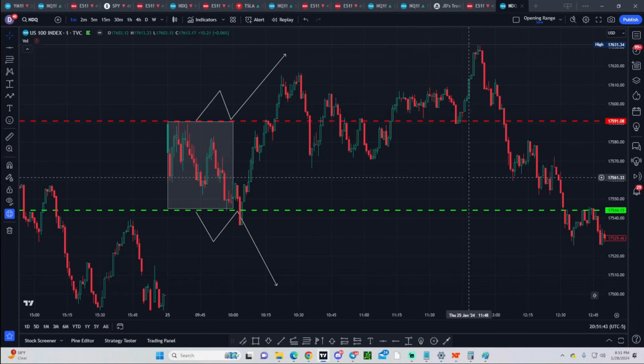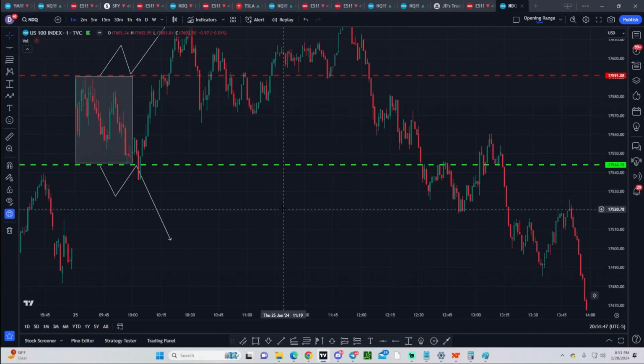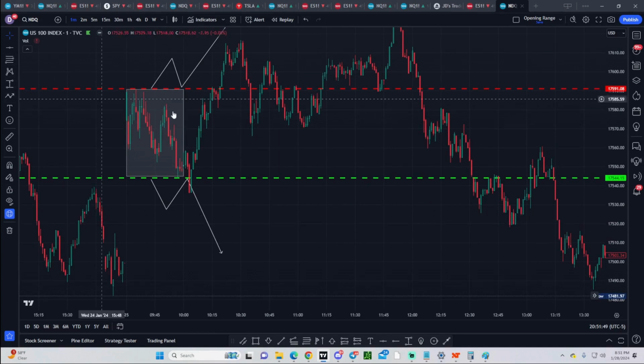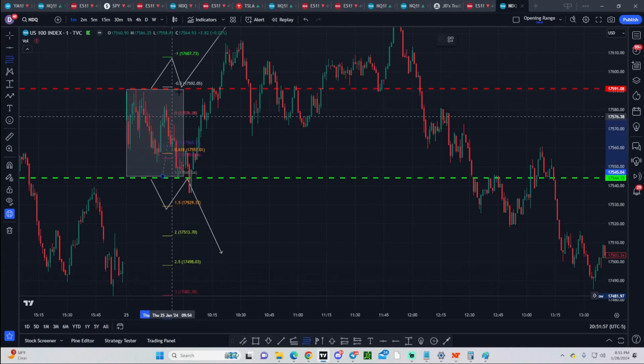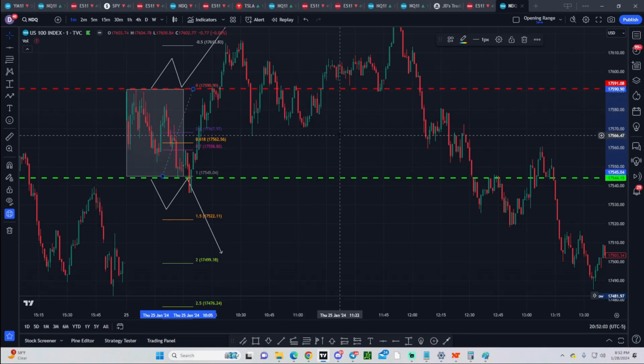All right, so I'm going to go through a couple of scenarios here, and the one thing that we have to find is the midpoint. The reason I recommend finding the midpoint is because we don't want to use the entire range as a stop loss for a trade that is going against us, and I'm going to elaborate on that a little more.